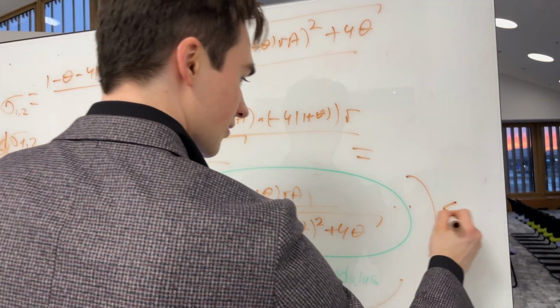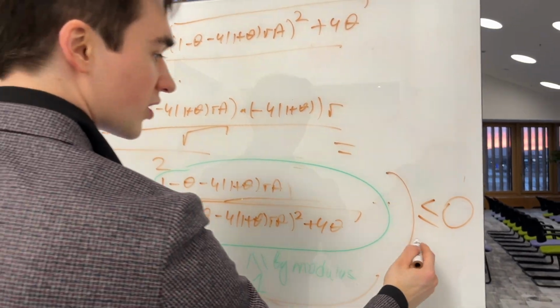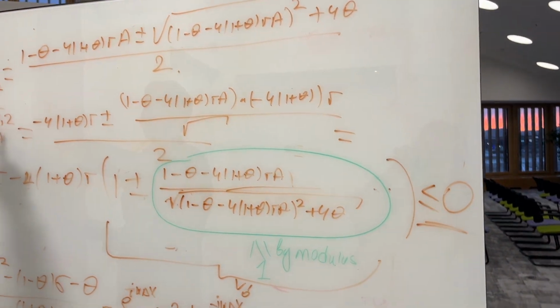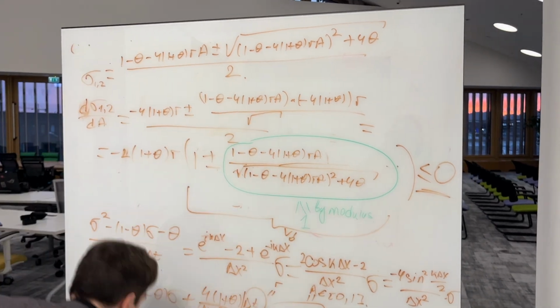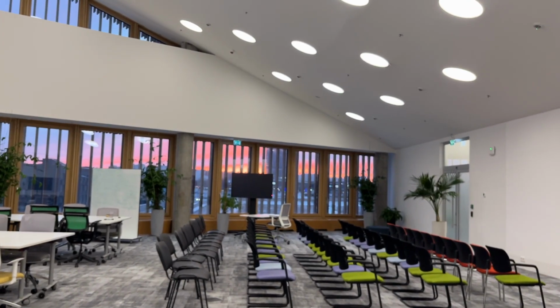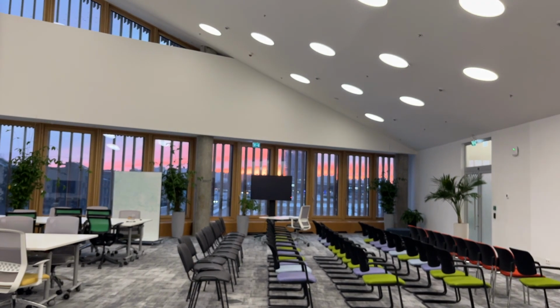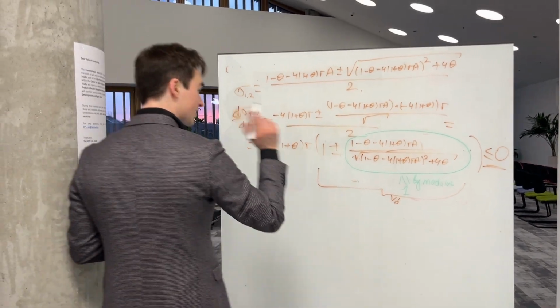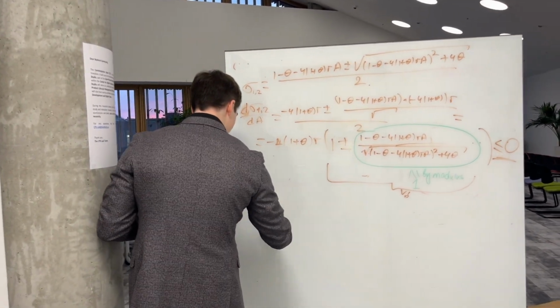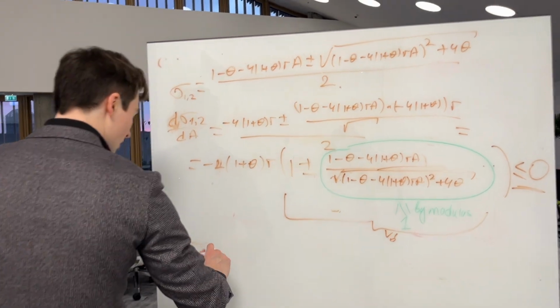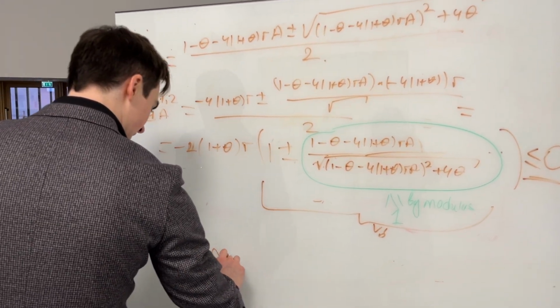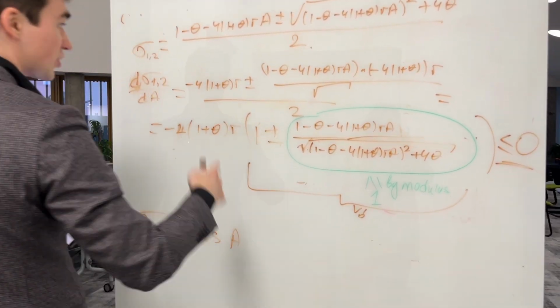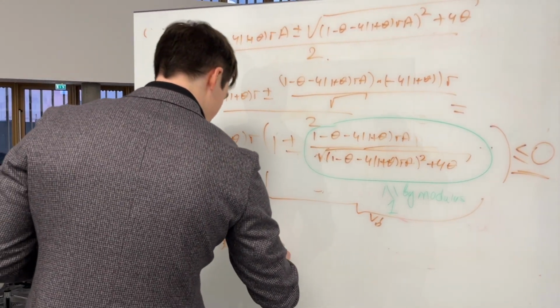So all that was to prove that our sigma, well, let's write it. We are back. So this was to show that our sigma 1, 2 decrease as our A, which is sine, increases.